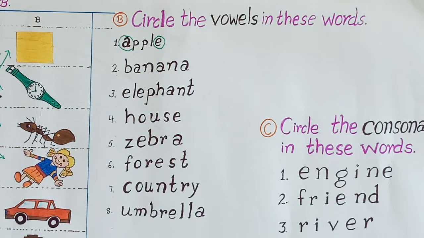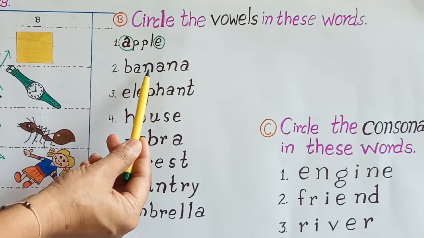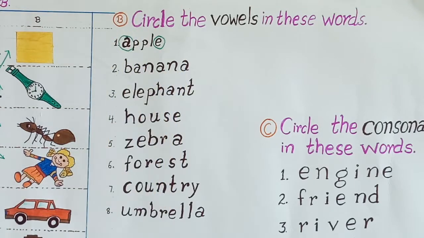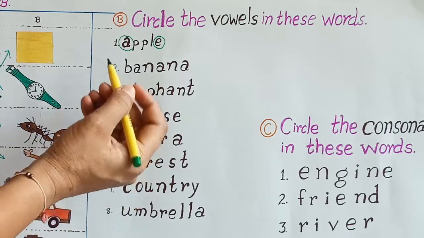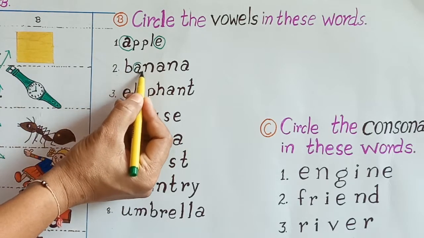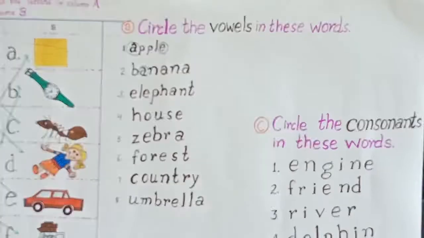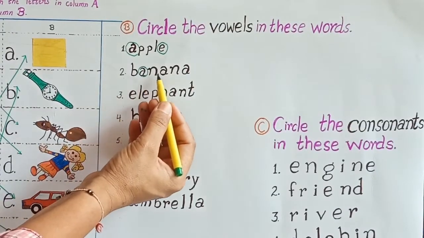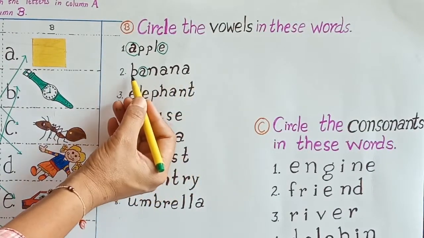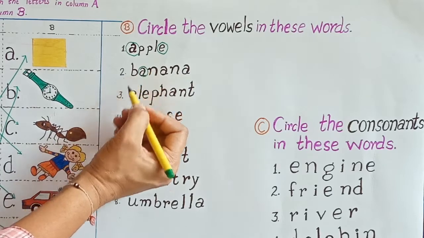Number 2. B, A, N, A, N, A. Banana is written. B is not a vowel. A is a vowel. B is a consonant. A is a vowel.